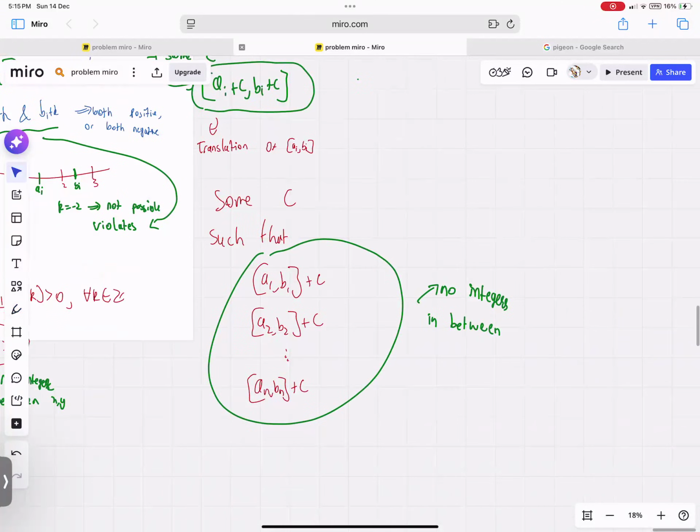Do you all see how to finish from here? And what you can do is you can just look at a specific case, like the interval even, comma, even.